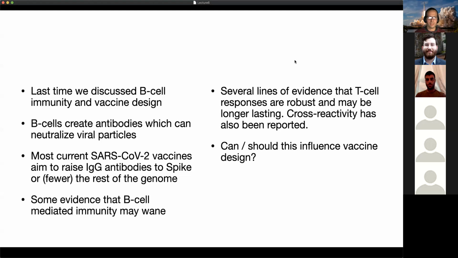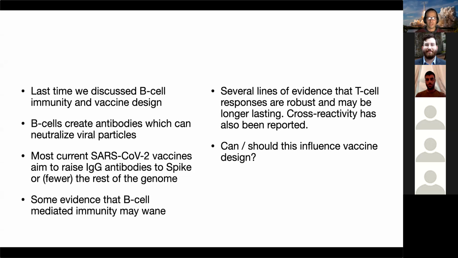The issue with focusing too much effort on just IgG antibodies is there's some reason to believe that this might not actually protect you from infection. A successful vaccine might protect you from getting the disease in a severe form, so you might become asymptomatic, for instance, but it doesn't necessarily sterilize your system, so to speak, against any possible infection by SARS-CoV-2.